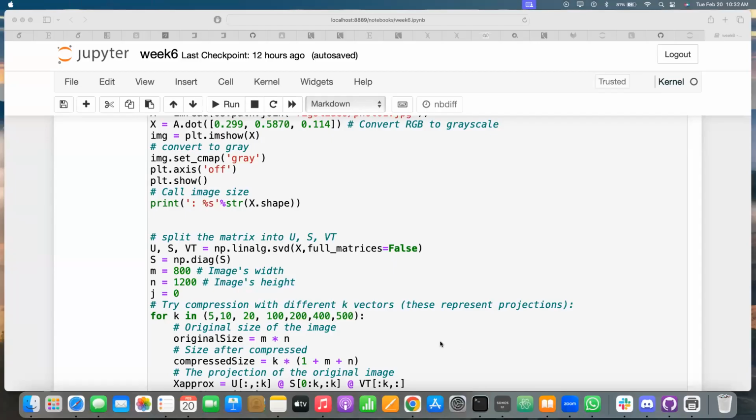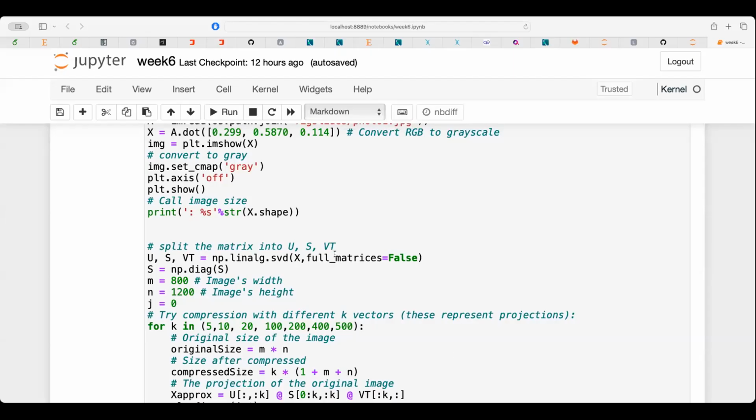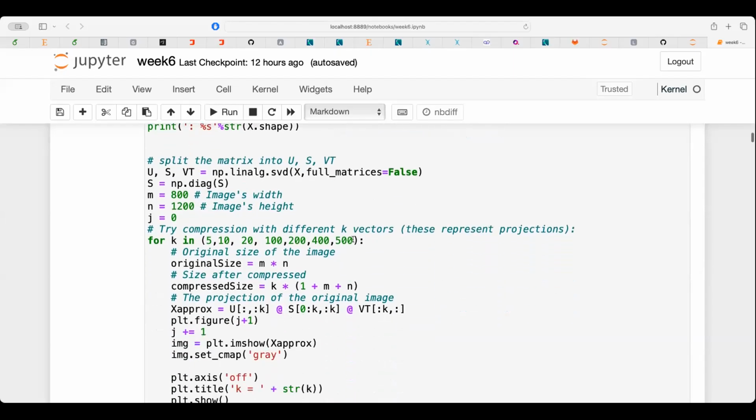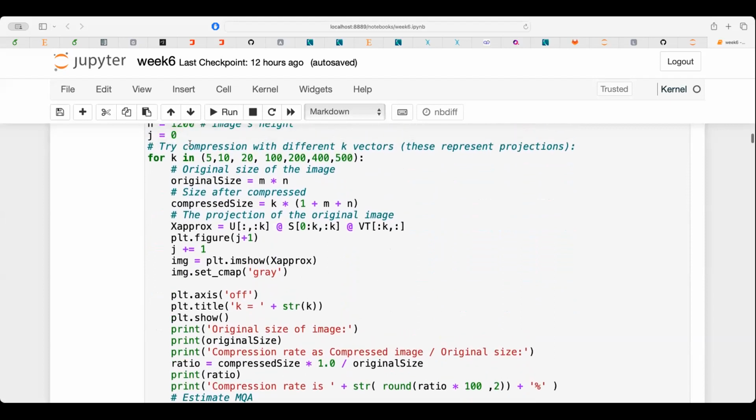The example which you see here is an example of the old-fashioned way of performing this decomposition. So let's go back to the Jupyter notebook here. The image I've taken is decomposed here. I'm compressing that. So k, I take the 5 first eigenvectors, and they are normally related to the singular values. I'm picking the largest singular values.